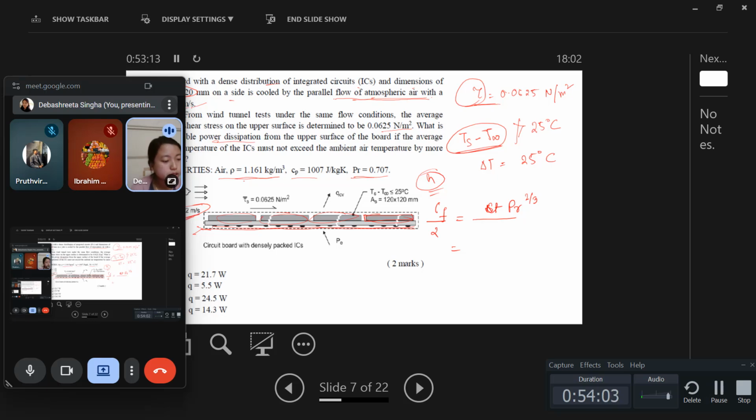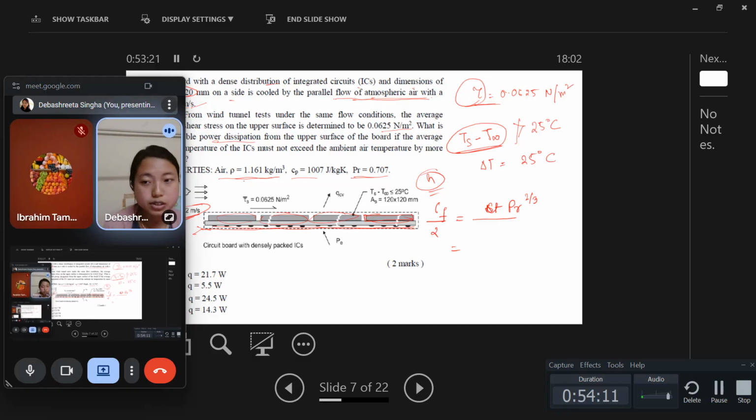So air velocity is 2 meter per second. From the wind tunnel test under the same flow conditions, the average frictional shear stress on the upper surface is determined to be 0.0625 Newton per meter square. That means the frictional stress, that is tau, is given as 0.0625 Newton per meter square.